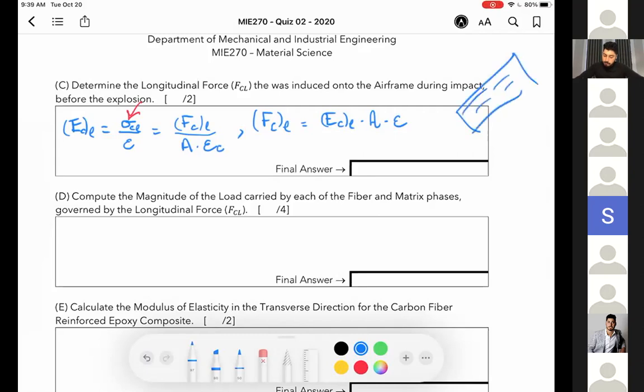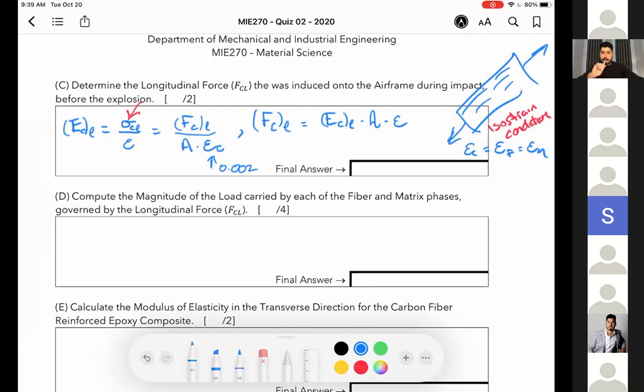If these are all our fibers and we're loading in the longitudinal direction, what do we know about the strain of the composite? It's equal to the strain on the fibers. It's equal to strain on the matrix, right? Because this is an isostrain condition. So because they're all equal, we can say that this value is equal to 0.002 from the problem, right?